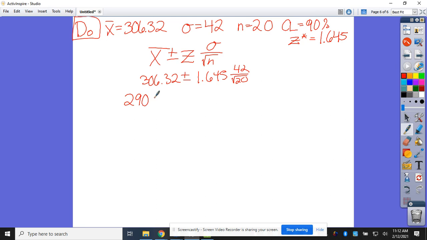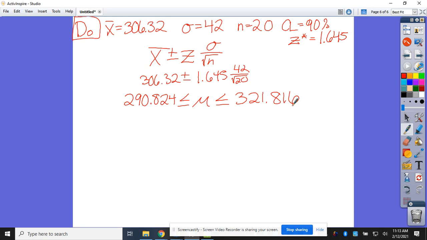Does that sound right? It might be different depending on 1.645 or 1.65. And the upper bound is 321.816.